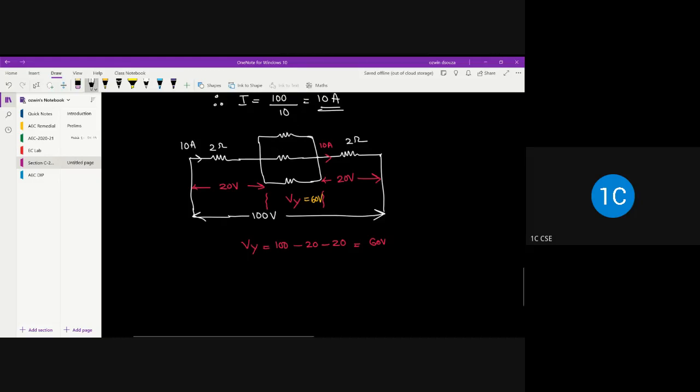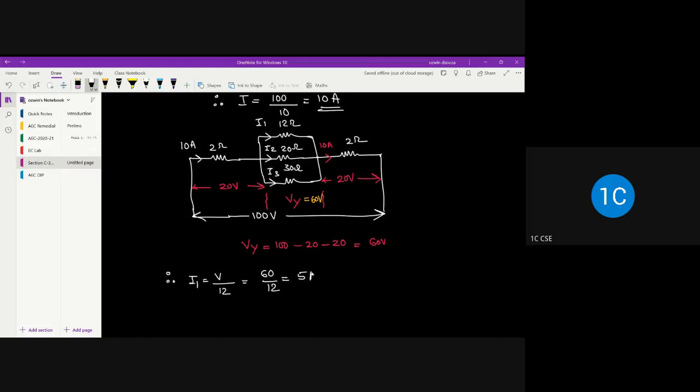This is 12 ohm, 20, and 30, with currents I1, I2, and I3. Therefore, I1 is equal to V divided by 12 ohm. What is the voltage across the 12 ohm resistor? That's 60, so it is 60 by 12.